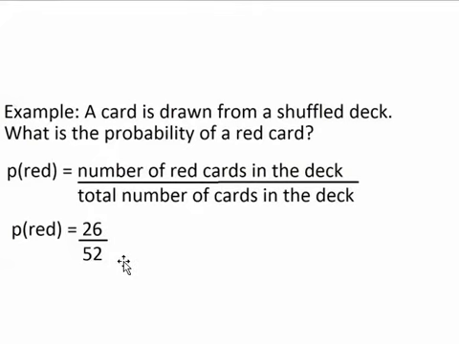You could also reduce the fraction if you wanted to. This reduces to 1/2, and then you could also divide the top by the bottom. 1 divided by 2 equals 0.5, and that would be the answer as a decimal.